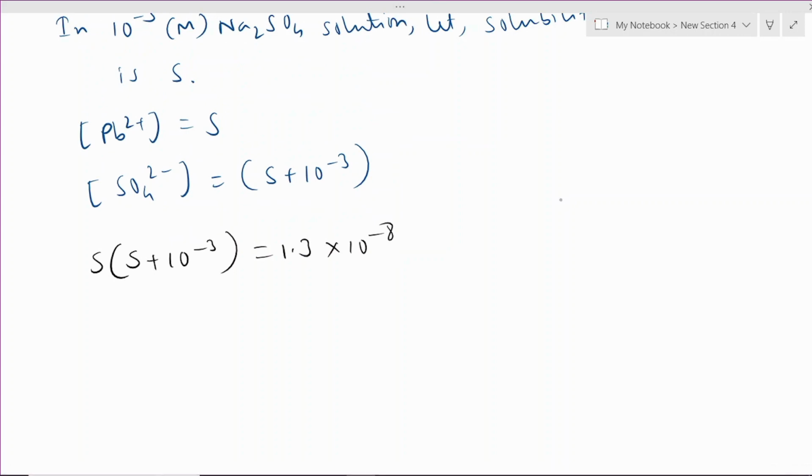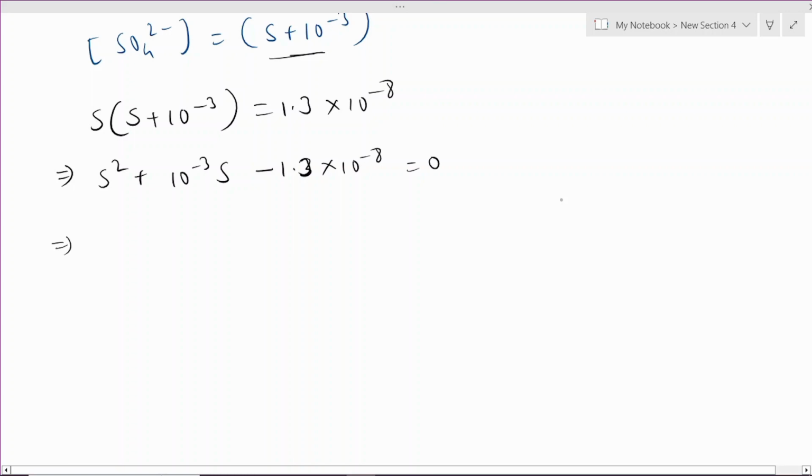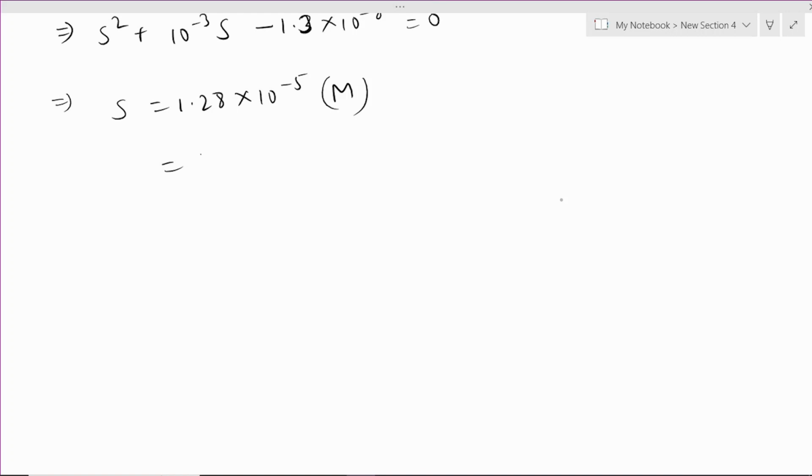So S squared plus 10 to the power minus 3 into S minus 1.3 into 10 to the power minus 8 is equal to 0. From that quadratic equation, we can calculate the value of S as 1.28 into 10 to the power minus 5 molar, that is 1.28 into 10 to the power minus 5 mole per liter.